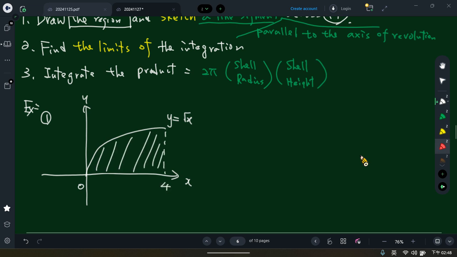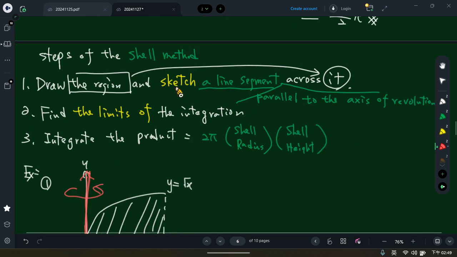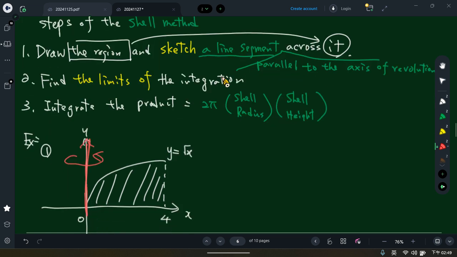If your rotation axis is here, then I use this to rotate by following the rotation axis as the y-axis. Then you can see here, sketch a line segment parallel. This part is important. Please just pay attention to here. A line segment across it.